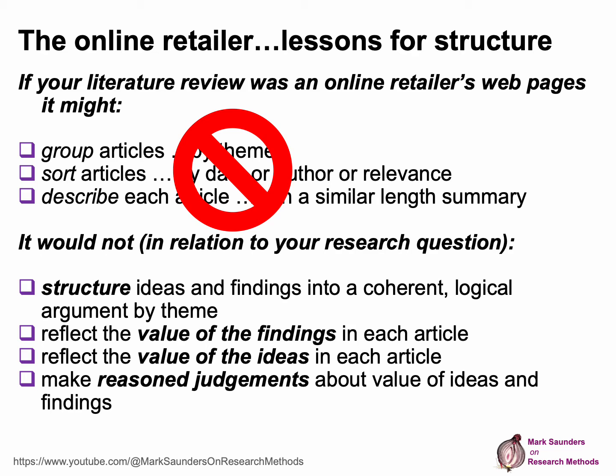Reflect on the value of the ideas in each article. And here again, like with the findings, you tend to write more about the ones which are directly relevant and valuable to your research. And then based on this, it would make reasoned judgments about the values of the ideas and findings. So this is really what we're trying to do with our literature review when we're structuring it.